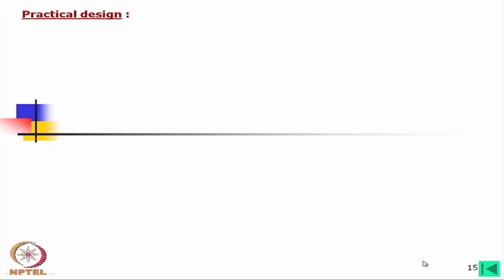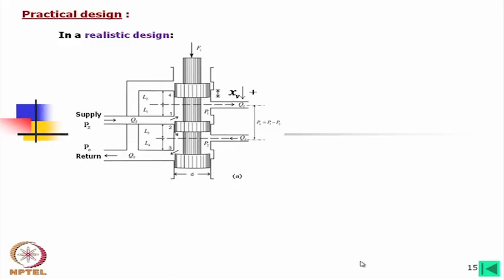Now, we shall consider a practical design. So, let us consider this is a valve and we are trying to find out what might be the force. Now, in an earlier lecture, as I have told, L is the damping length, it can be taken as 6D.